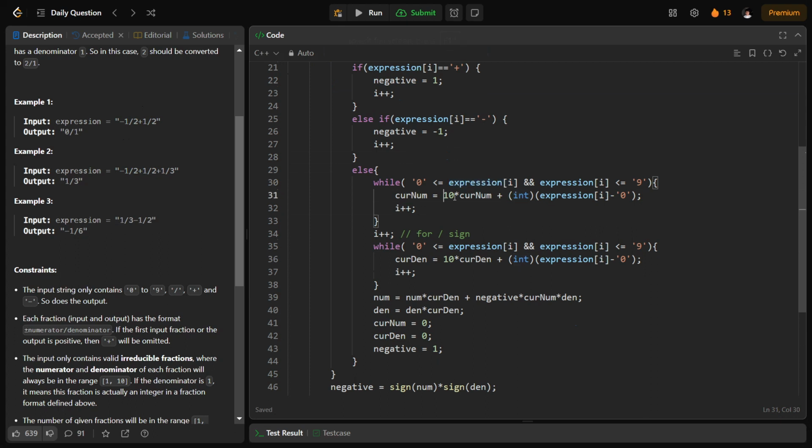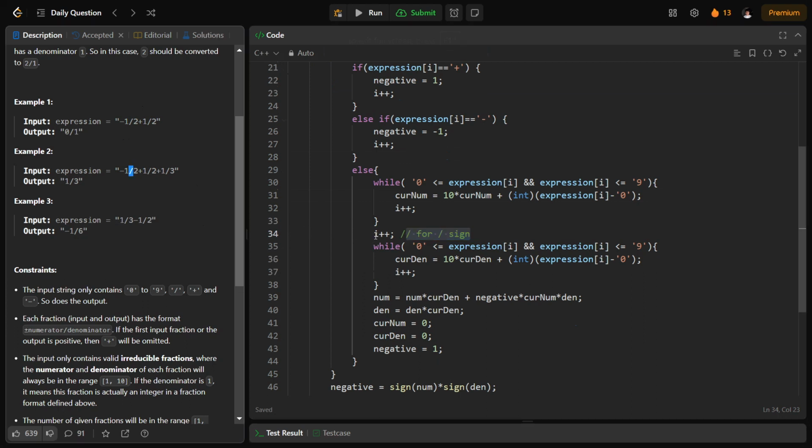And you just multiply 10 times current num plus this digit, and you get the new value of current num, and you increment the i, and you do this till the time you are not at a position i which is a digit, right? So since you got into this while loop, that means you are trying to find the numerator. So whenever this condition is false, that means we have seen a slash sign, the division sign.